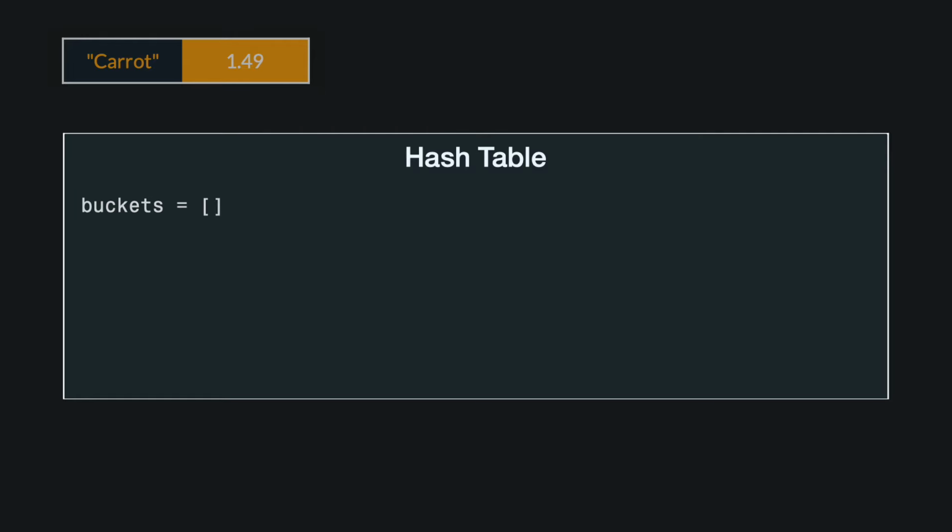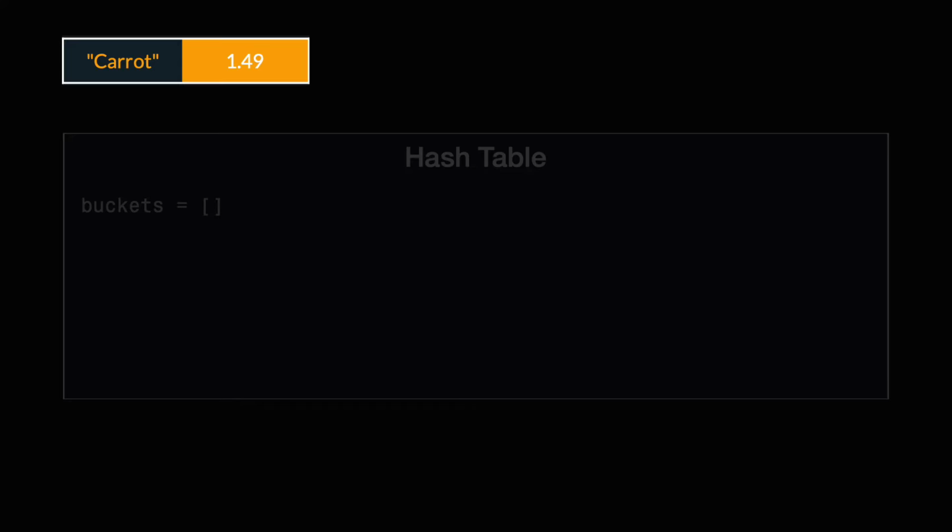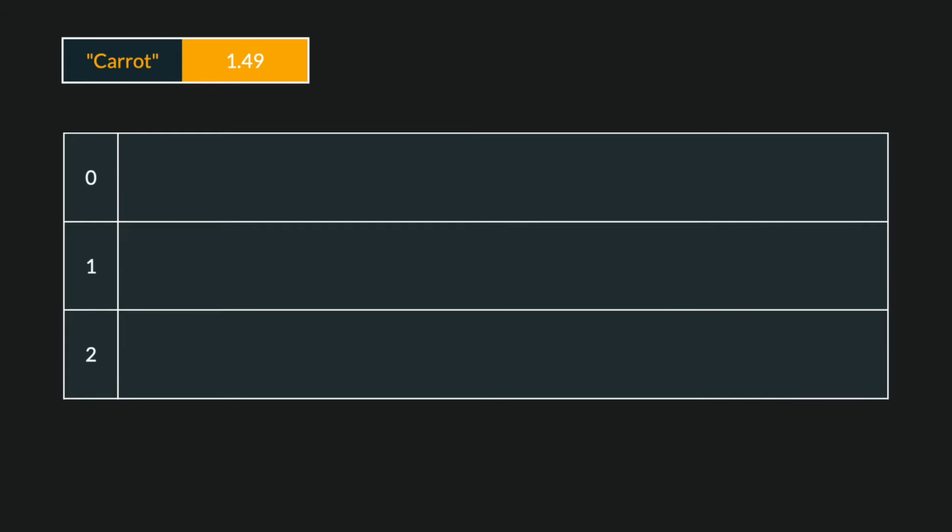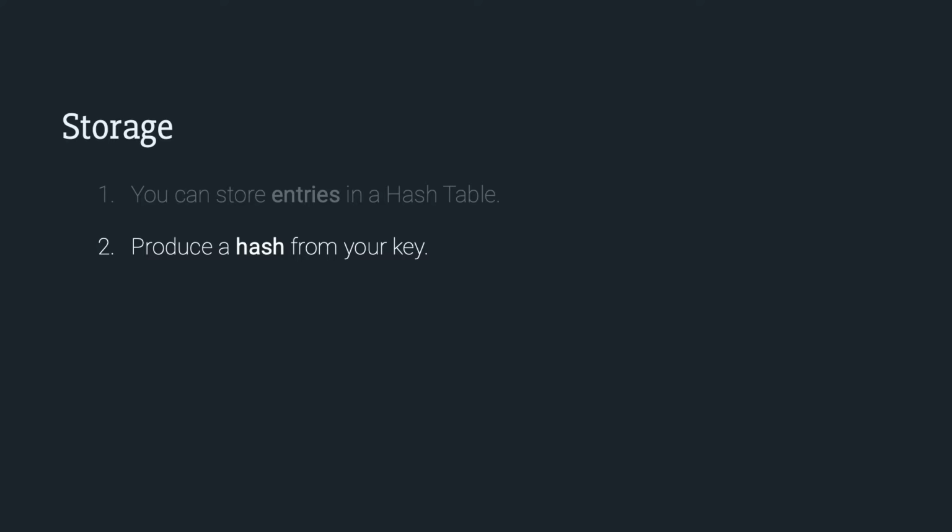At first, the array doesn't have the capacity to store anything. However, as we insert the first entry into the hash table, the array must be resized to accommodate the new data. For this particular hash table, an initial capacity of 16 has been assigned, where the capacity represents the number of available buckets. Step 2 is to produce a hash from your key.